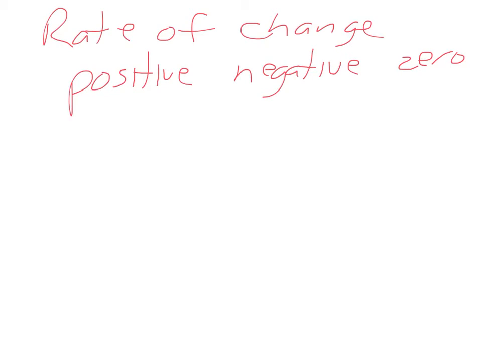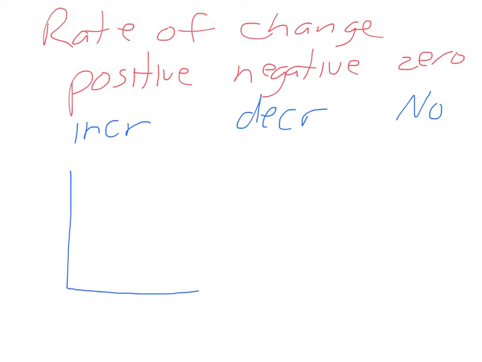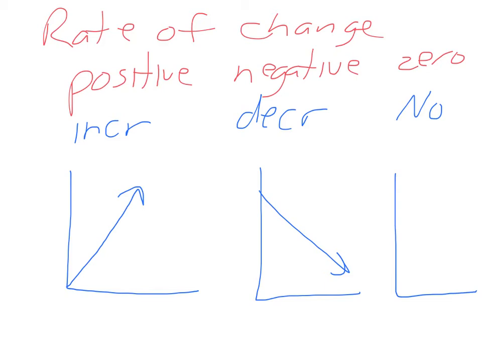In real life, positive rate of change means we have an increase, a negative would mean a decrease, and a 0 will show no change whatsoever. If I was to graph it, a positive rate of change is that. A negative rate of change looks like that. And no rate of change is going to be a horizontal line.